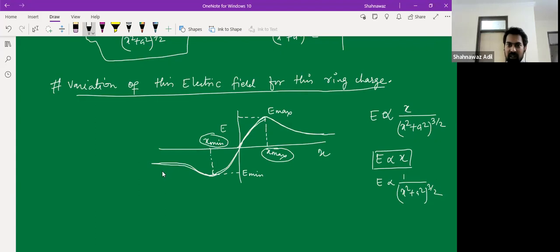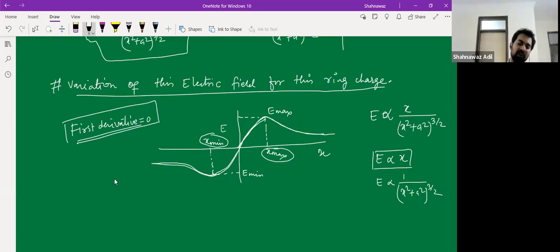So we need to find the first derivative, and what is the respective variable that we need to take the differentiation with respect to? With respect to whom we need to calculate the differentiation?